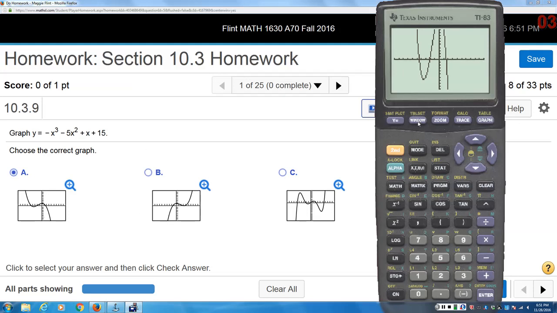So I'm going to go back to my window, and I'm going to try to adjust it to go from negative, let's say, 25 or 20, to positive 25, just to see if I can see it look more like what that picture does, just to be sure. So I'll hit graph again. And that does look more like it.